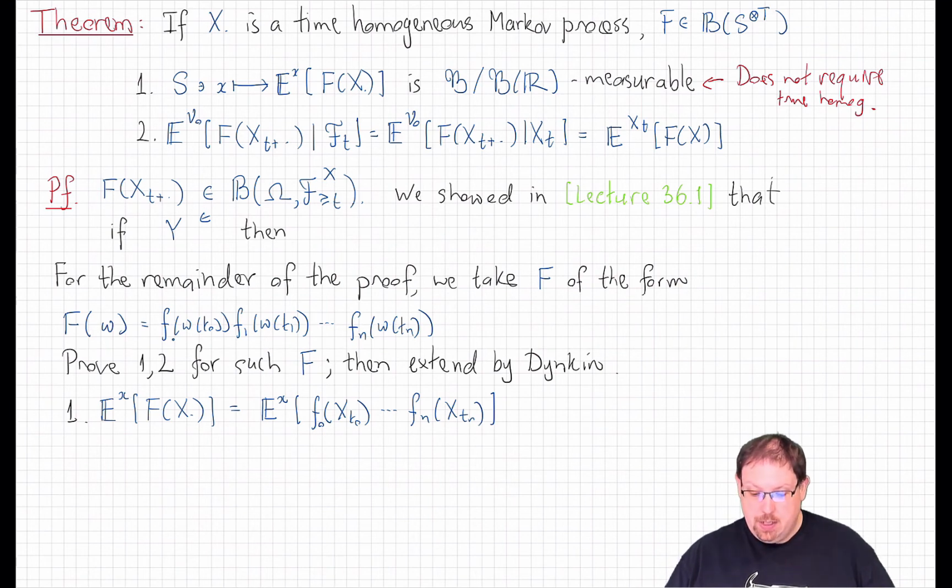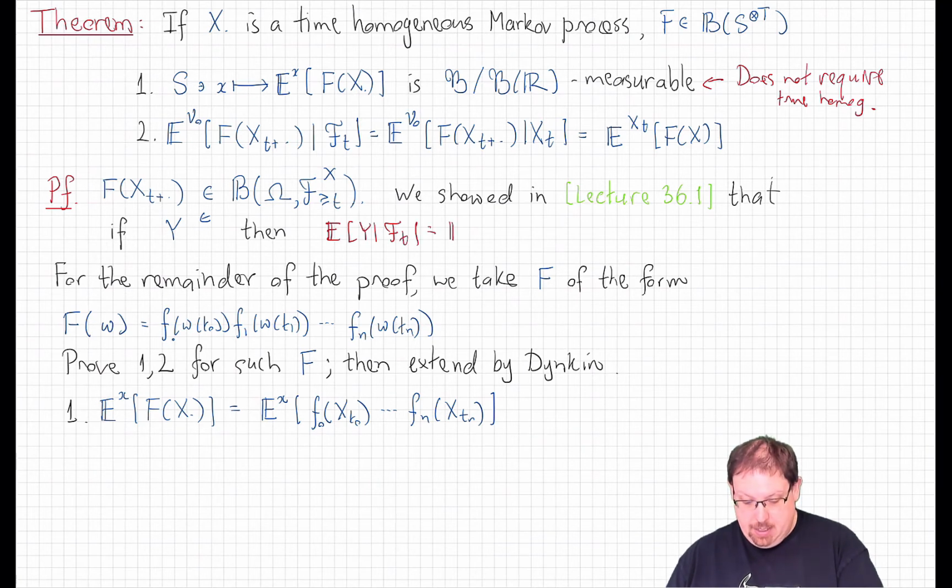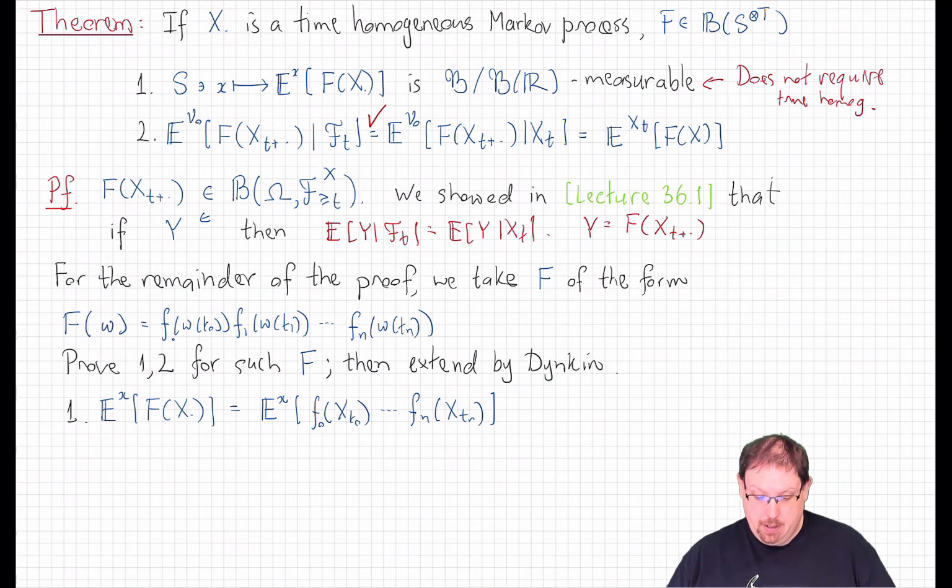Well, we showed in lecture 36.1 that if y is any bounded measurable function, measurable with respect to the future of t sigma field for the process, then a restatement essentially of the Markov property for the process is that the conditional expectation of y given ft is the same as the conditional expectation of y given xt. So if we just apply that here with y equal to f at the process shifted by time t, we get this equality holding.